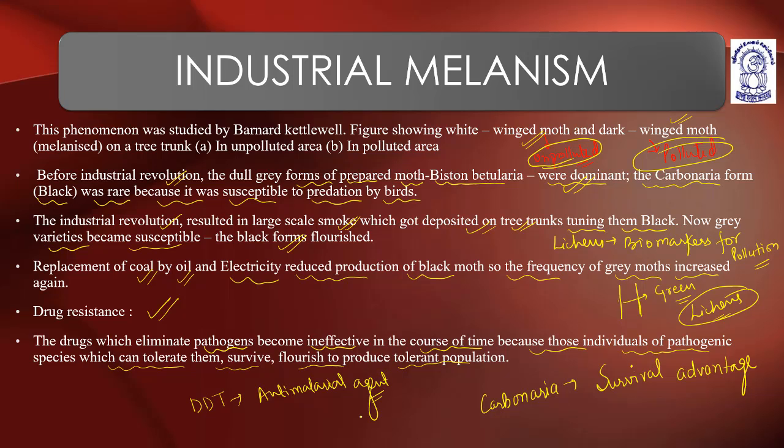But sooner or later, the protozoan responsible for malaria came up with resistance against DDT. DDT was also used as a fertilizer. So the resistance developed against DDT gives a survival advantage to the protozoans.